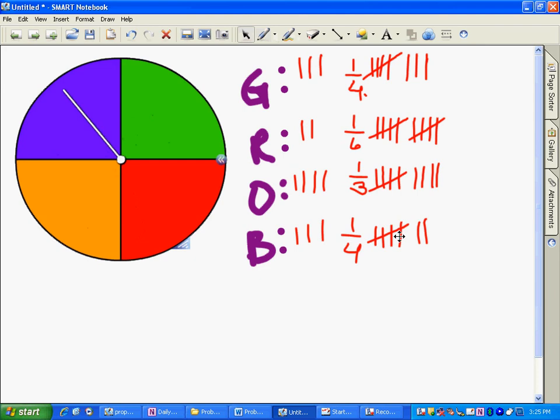You can see how blue was kind of back, but now it's kind of catching up with the rest.